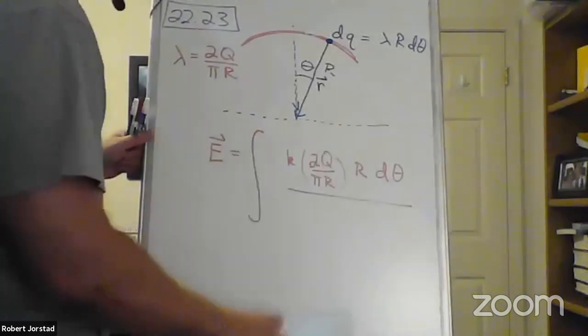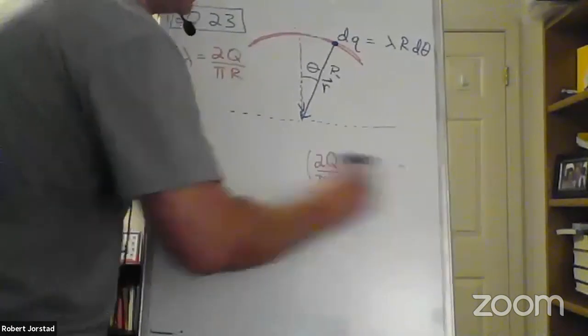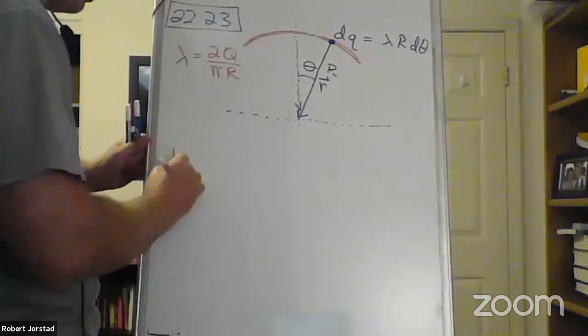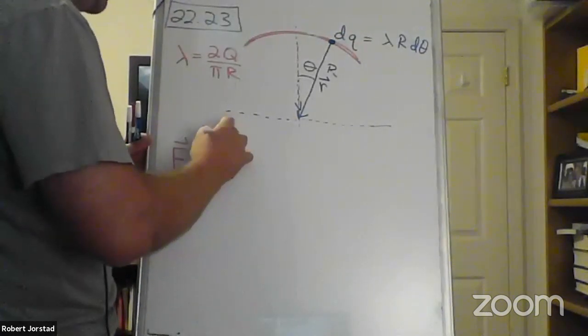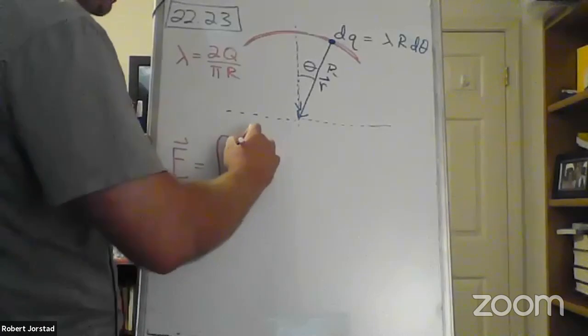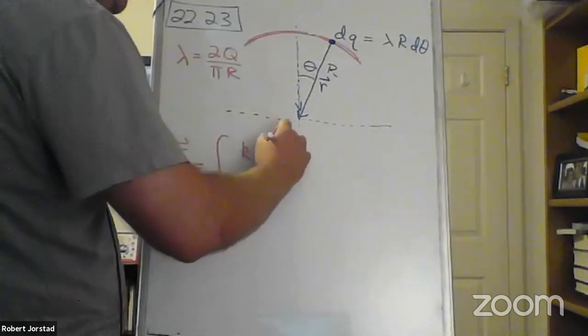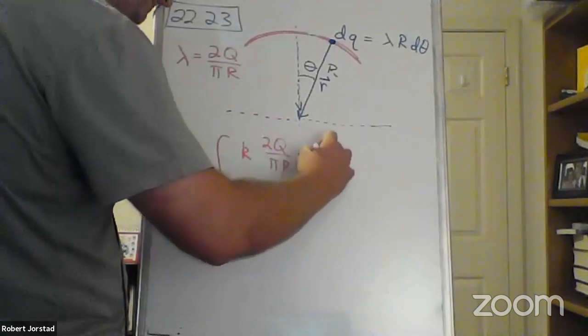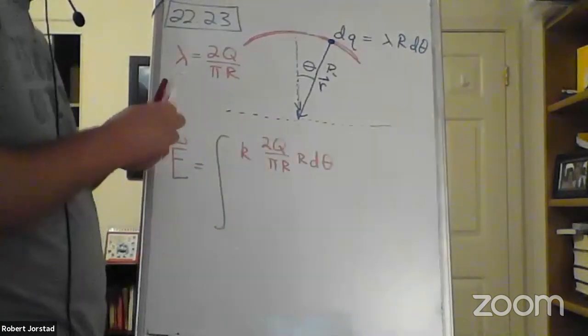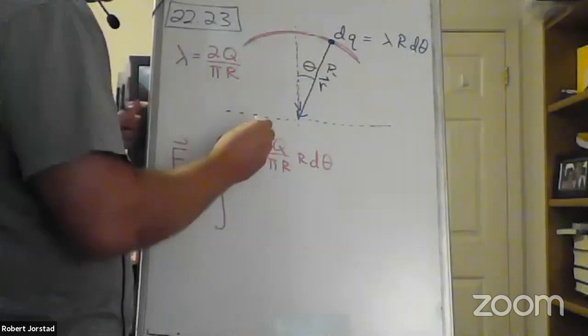Whoops, I'm going to run out of room here. I got to start over. I better go way over here because we got to get the vector in there, right? So this whole thing here is dq.